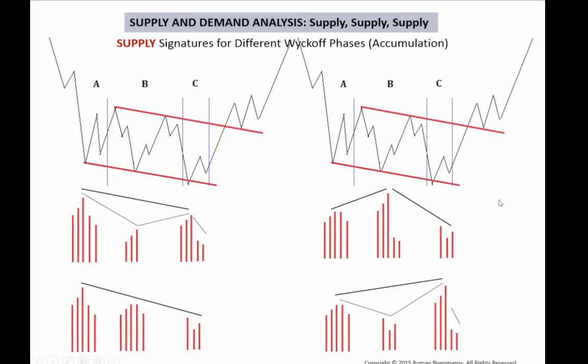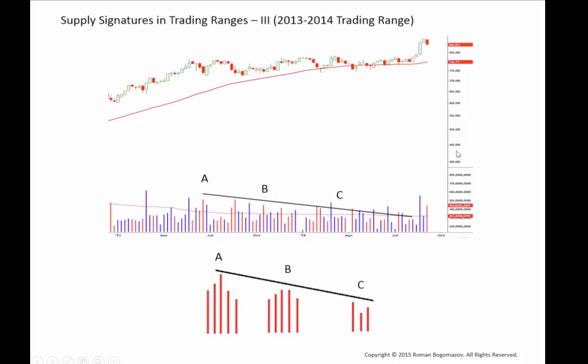So this is the slide usually that I give to my students as a reminder of what supply signatures we can have in the accumulation. I'm just going to skip this slide and just show the same schematics here under this trading range that we're looking at. And generally, we look at the structure and we want to see what supply is doing during this structure.